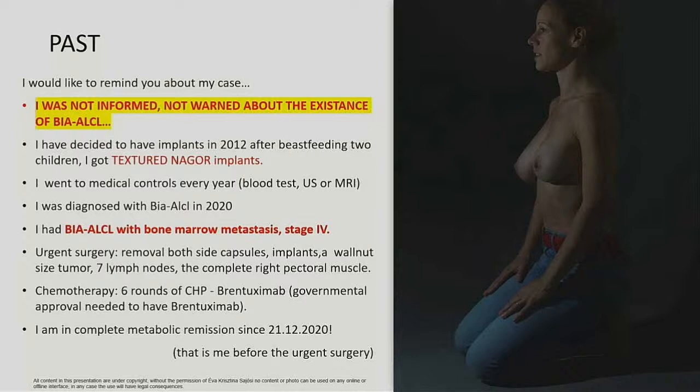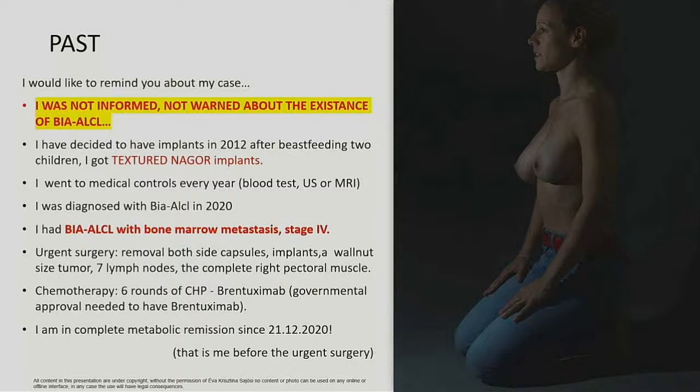I had 3 weeks healing time, and then chemotherapy started. I got 6 rounds of CHP, brentuximab. In Hungary, governmental approval is needed to have brentuximab, so the Minister of Health had to approve my request. I was really lucky because we knew some people who could help.